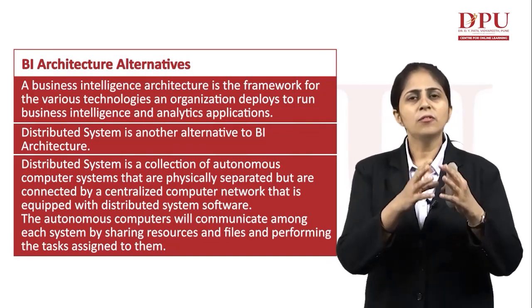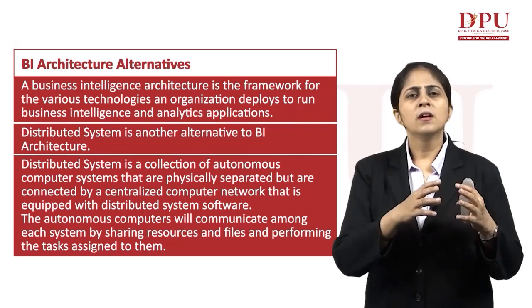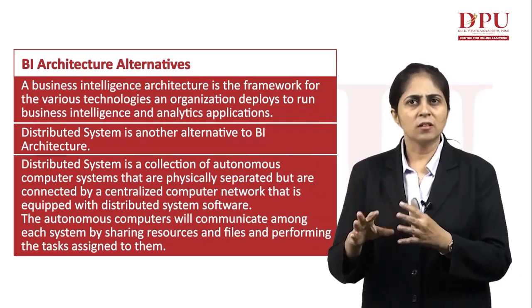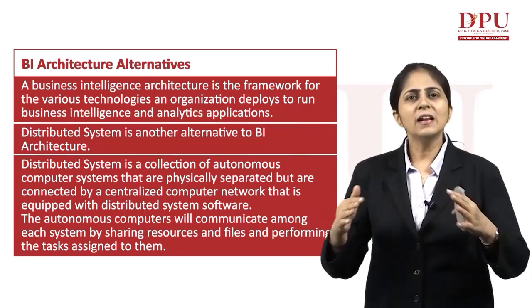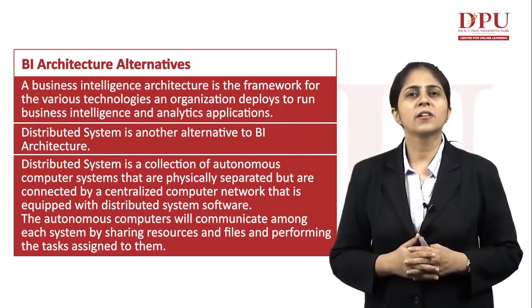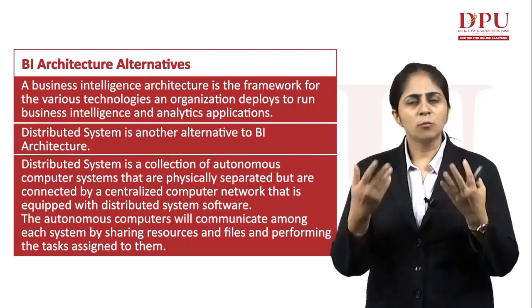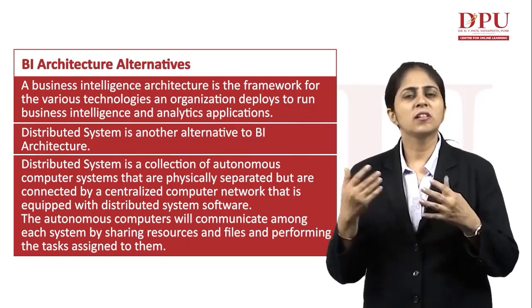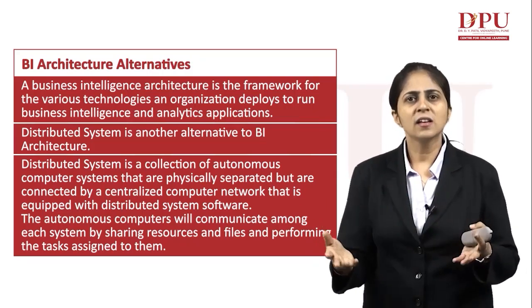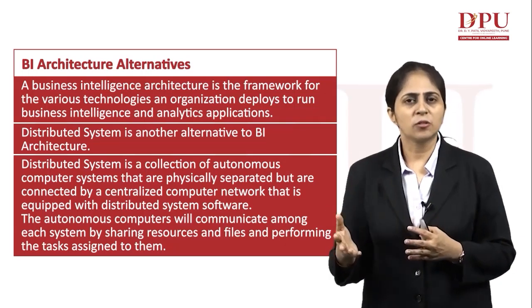So they are physically separate, but they are actually connected by a centralized computer network. The autonomous computers will communicate with each other by sharing their resources, by sharing their files, and performing the tasks assigned to them.